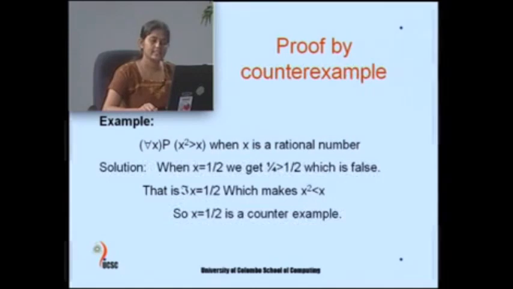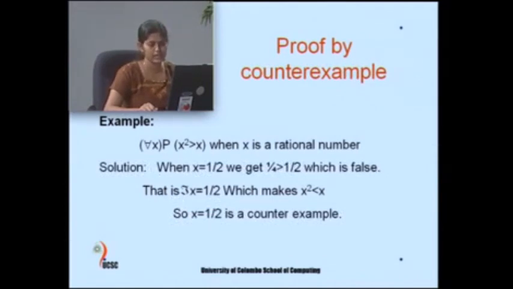We will see an example, that is, for all x, p(x), where p(x) is x squared greater than x when x is a rational number. So, we are going to prove that for all x, p(x) is false. By using the counterexample, we are going to prove this one. Say when x is equal to half, we get 1/4 greater than 1/2, which is false.